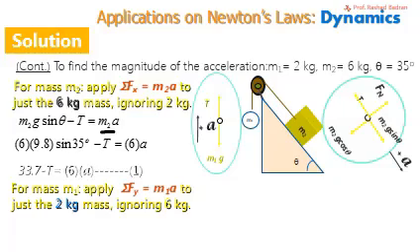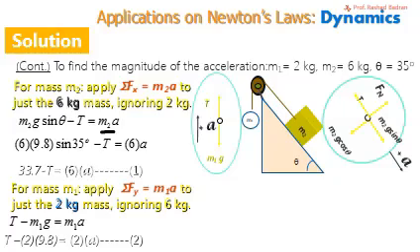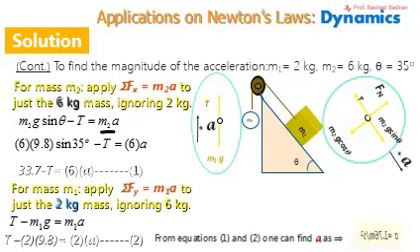This one is going up with the same acceleration, considered positive. And here T is larger than M1g. That's why we have T minus M1g equals M1a. By also inserting all the values, we get equation 2. Solving these two equations for the acceleration, we get an answer of 1.76 meters per second squared.